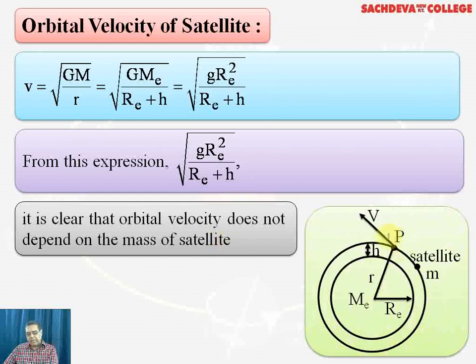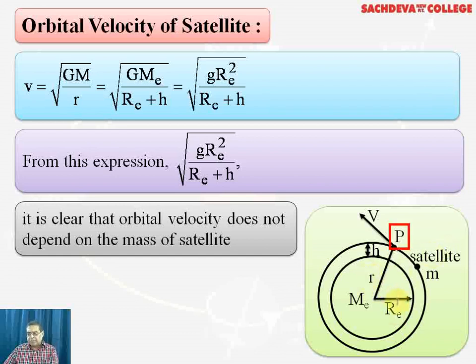Now in the given figure, M is the mass of the satellite, P is the position of the satellite on the orbit, and a tangent is drawn. At P, the tangent drawn represents the velocity of the satellite, and small r is the distance of the satellite from the center of Earth. But the radius of Earth is taken as Re.